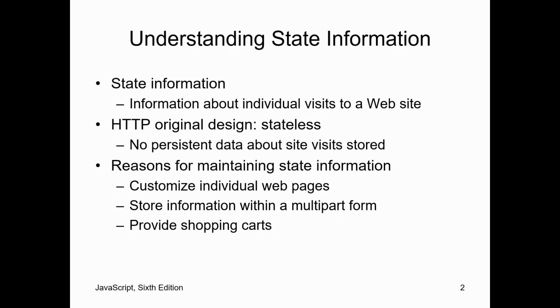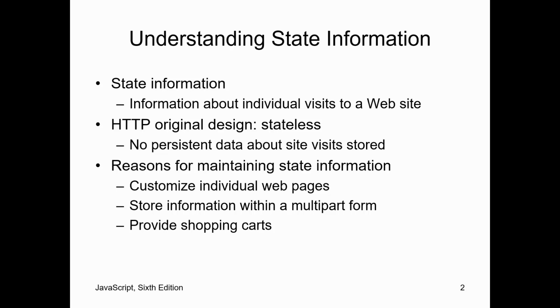If I go out to Amazon and I put an item in my cart, I'm going to buy a book on JavaScript. So I put that book in my cart. Now I'm called away. One of my colleagues has a question, and while I'm gone, I forget all about my book.